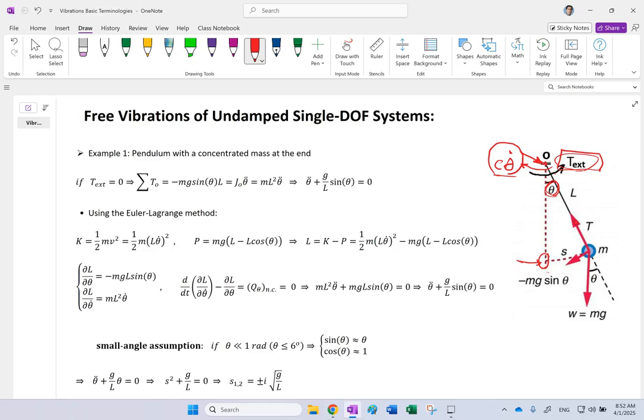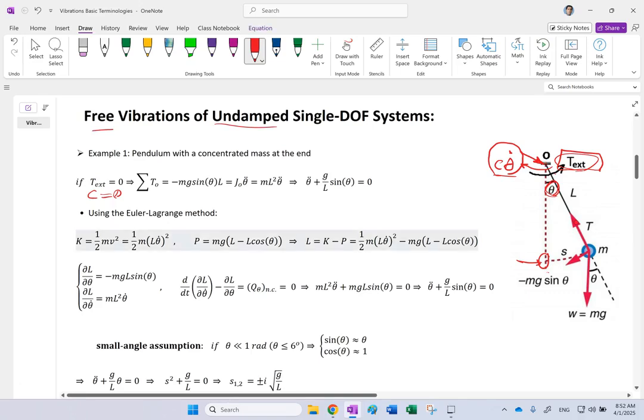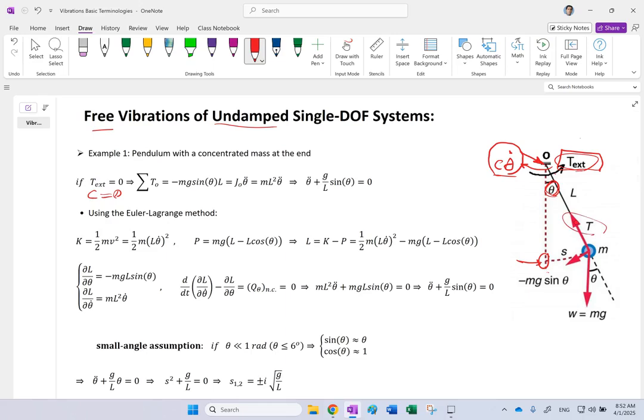So let's take a look here. For the moment, I assume that there is no external torque and the damping coefficient is also 0. So no damping and free vibration. If I take the sum of the moments about the pivot point, the only 2 forces that I have are the tension in the rope and the mg.